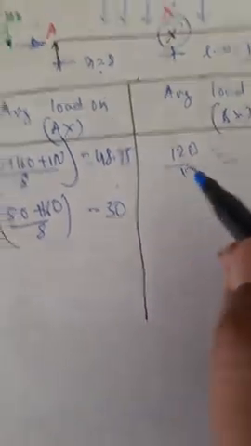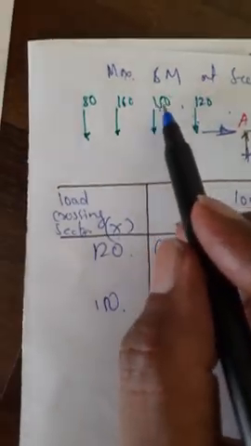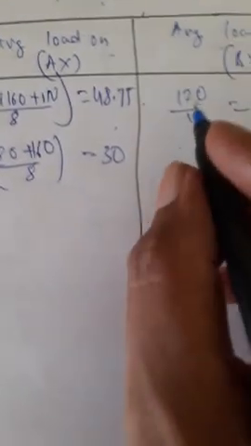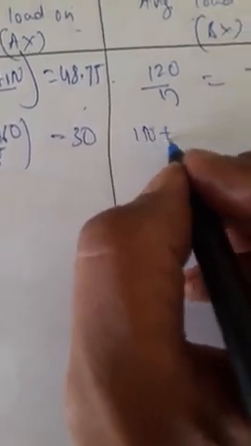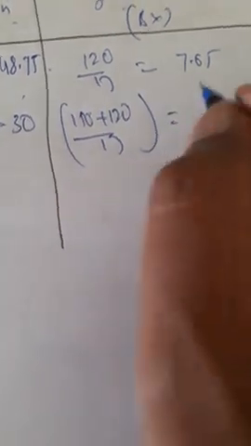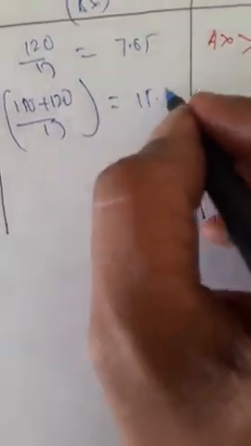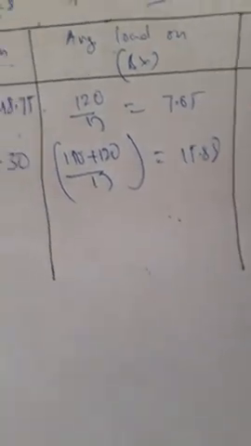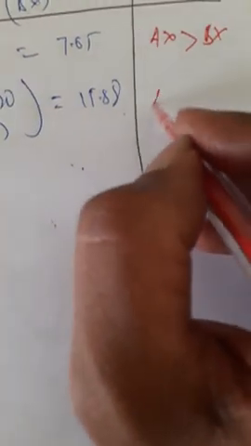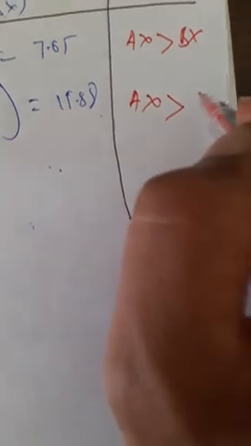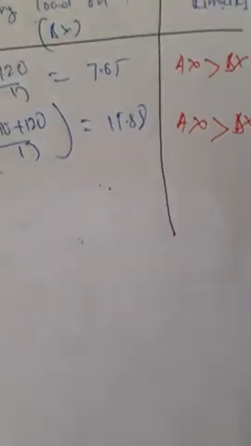Now average load on BX: 150 has crossed, so 150 and 120. 150 plus 120 divided by 17. I have the answer 15.88. So compare this and this. So I can write, still AX is greater than BX.